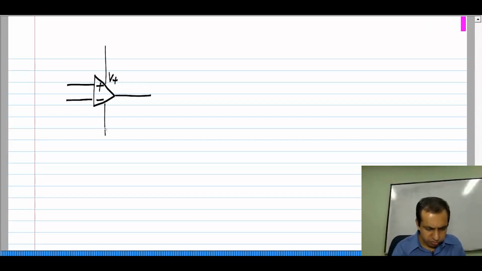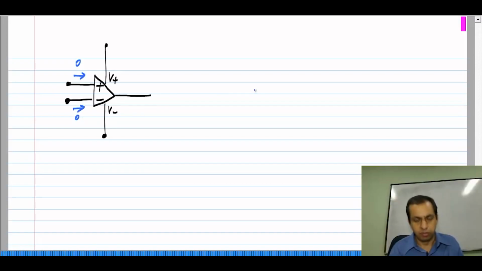So, I have the positive and the negative supply. Okay. And the currents into the input terminal of the op amp are 0. And let us say the current that is coming out, it is called I out. Okay. And the current that is going into the positive supply terminal, I call it I plus. The current that is coming out of the negative supply terminal, I call that I minus.